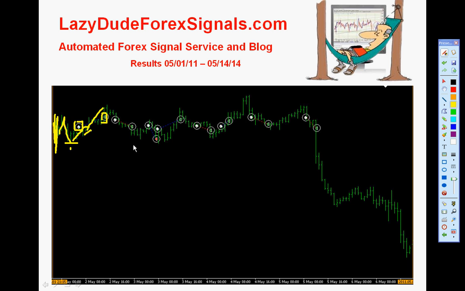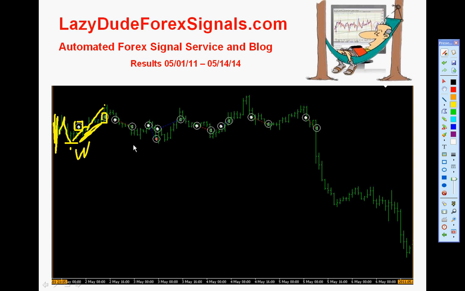We had a really nice winning trade and picked up 38 pips. It doesn't look like much on this chart because it's a 1 hour chart condensed so we can get the entire week, but that was a win for 38 pips.